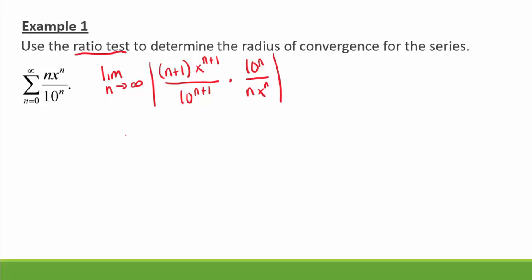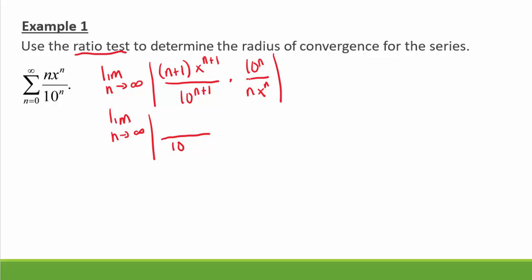Okay, so let's actually look at this. I'm going to look at this a little bit differently than I have in the past. I think I tend to overthink these, I'm not going to lie. The 10 to the n over 10 to the n plus 1 is going to simplify, and I'm going to be left with a 10 on the bottom.